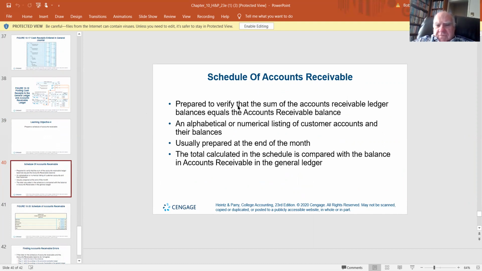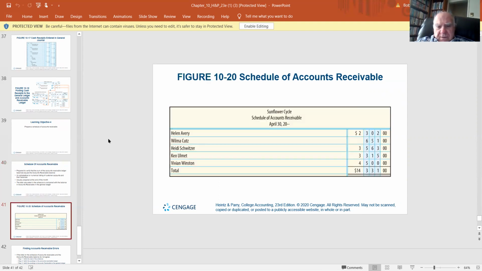And it's prepared to verify that the sum of the AR ledger equals the balance in the general ledger. If it doesn't, you have a real problem. It says an alphabetical or numerical listing, either one's okay. You prepare it at month end. And again, the total calculated in the schedule is compared with the balance in accounts receivable in the general ledger.